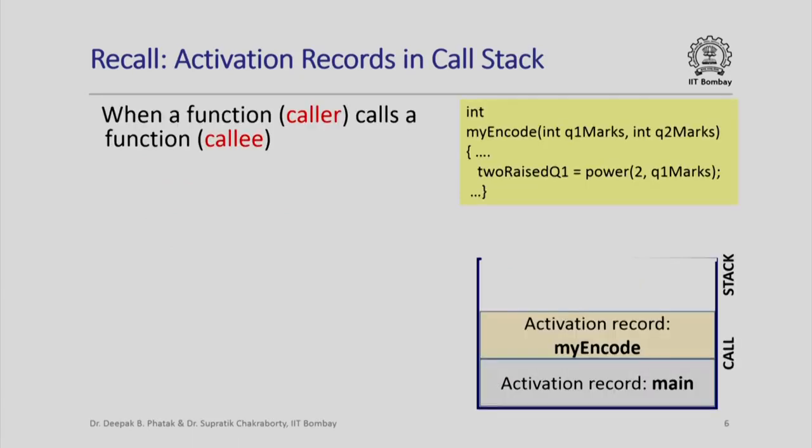Now if you look at this function, and if you recall how activation records were used in the call stack to keep track of how functions were called and how they were returned, you would recall that when a function, the caller function, calls another function, the callee function, so in this case let us say the function myencode is calling the function power.